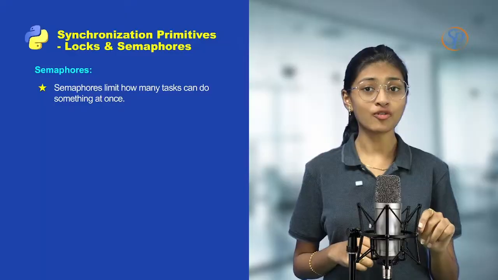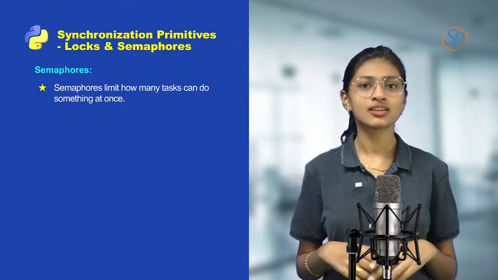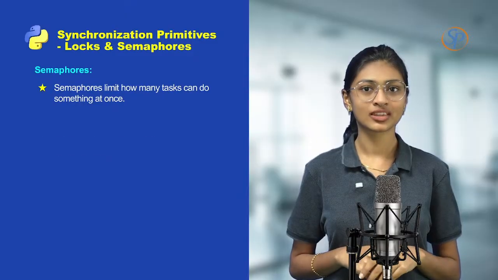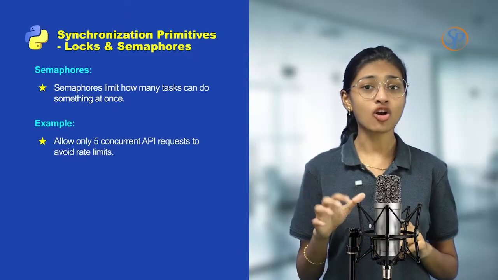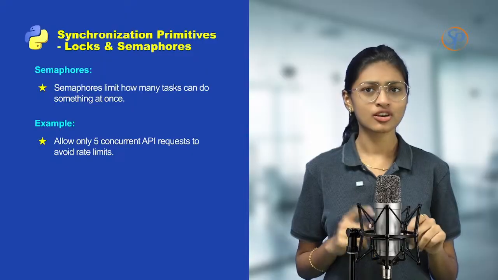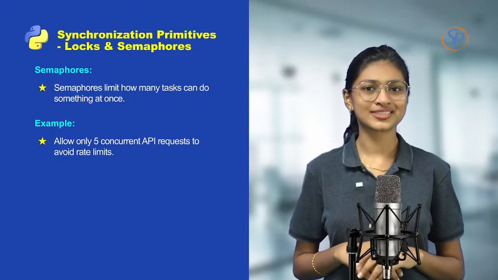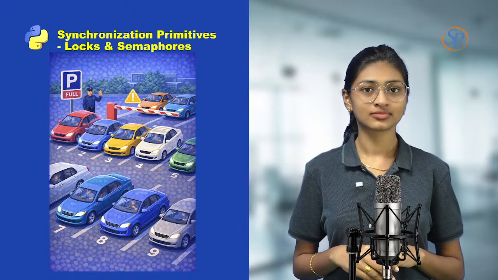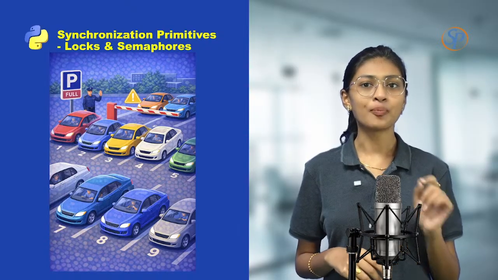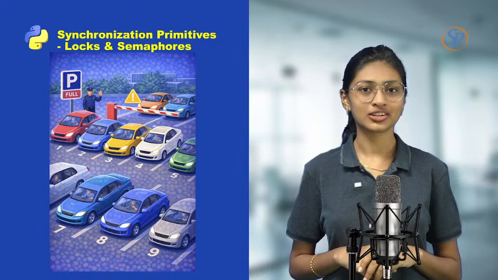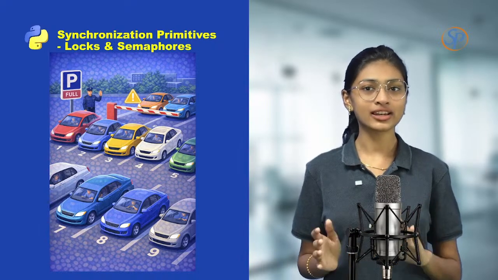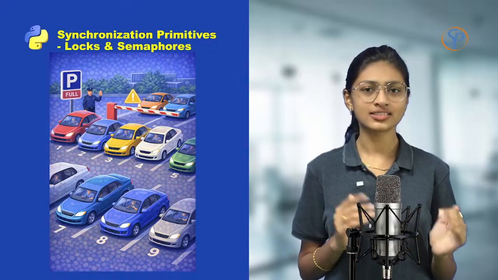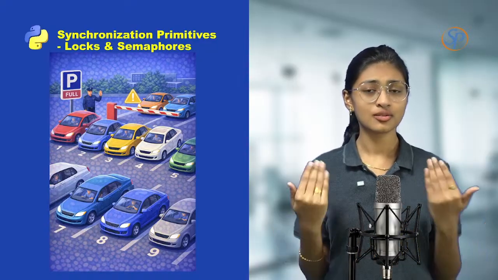Semaphores limit how many tasks can do something at once. For example, only allow 5 concurrent API requests to avoid rate limits. For example, a parking lot with only 10 slots. Only 10 cars can enter. Others must wait.